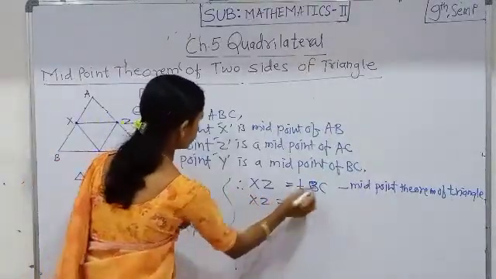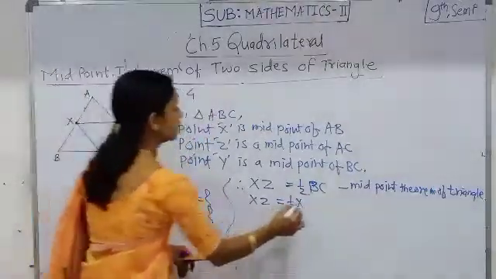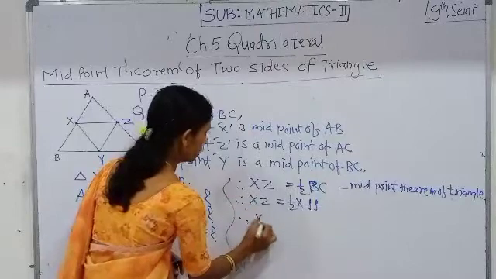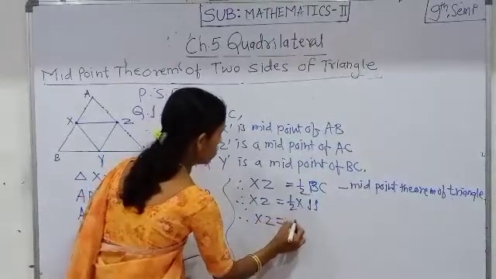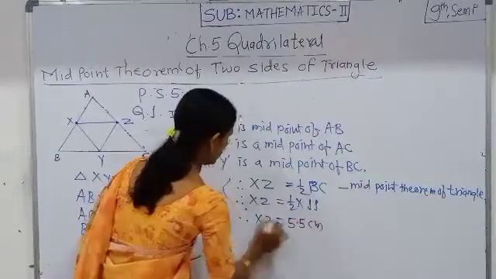Putting the value of BC, 1/2 into 11 centimeter, therefore XZ is equal to 5.5 centimeter.